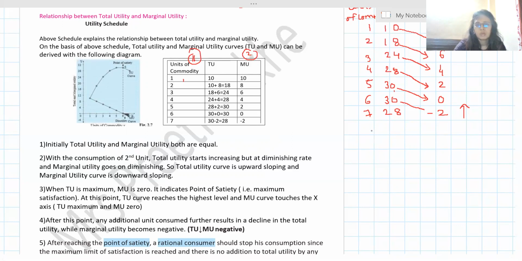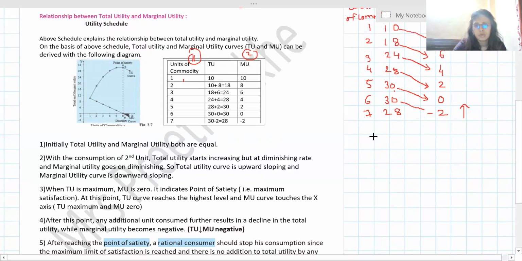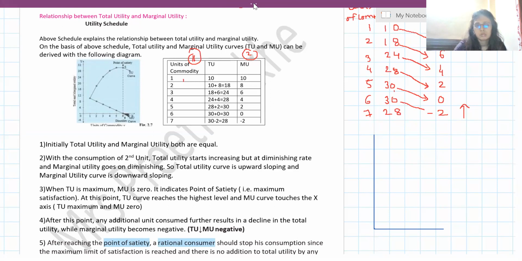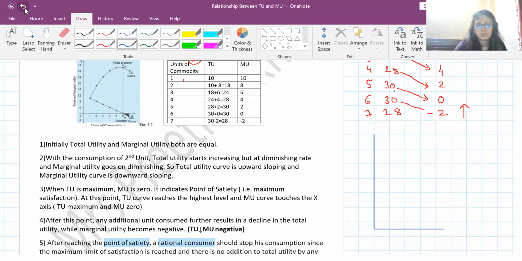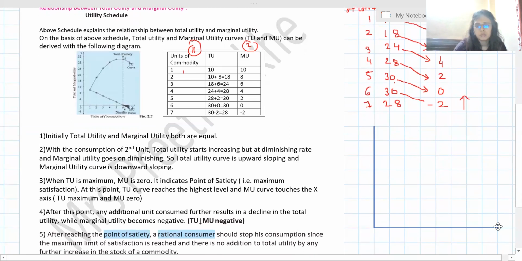See, while drawing the diagram, you will draw the x-axis and y-axis first. Okay, we can take this figure, see how it will look. We will draw the x-axis, y-axis. You can draw like this.